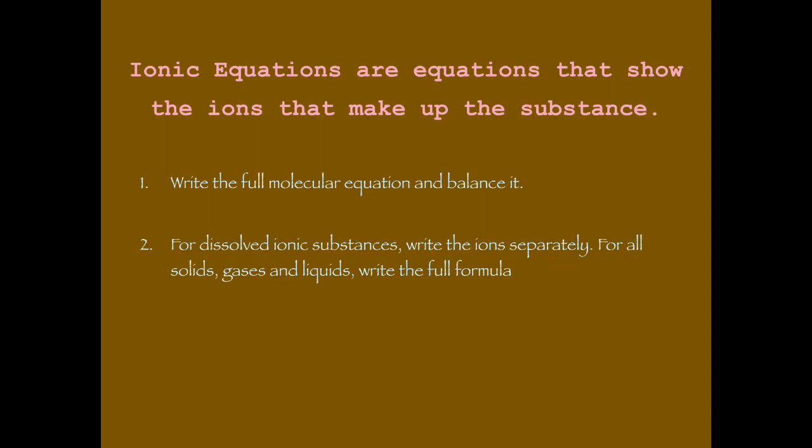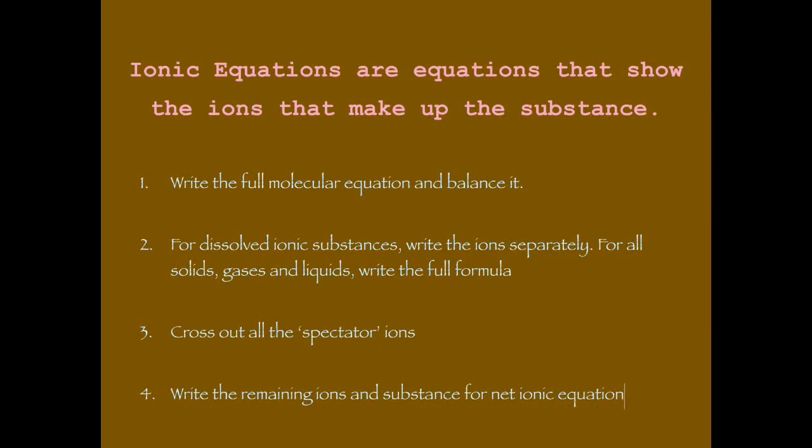Other compounds with different states remain as they are. Then, cross out the spectator ions. These are the ions that appear on both sides of the equation and are not involved directly in the reaction. Then, write the remaining substances for the net ionic equation.